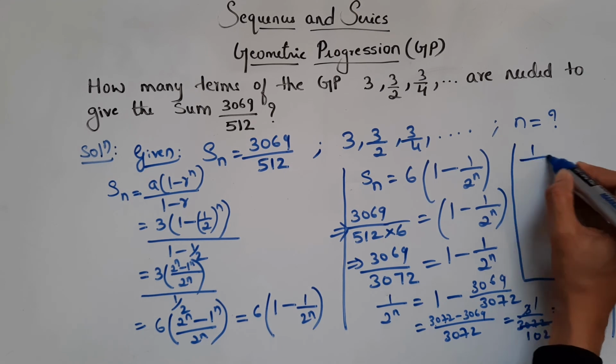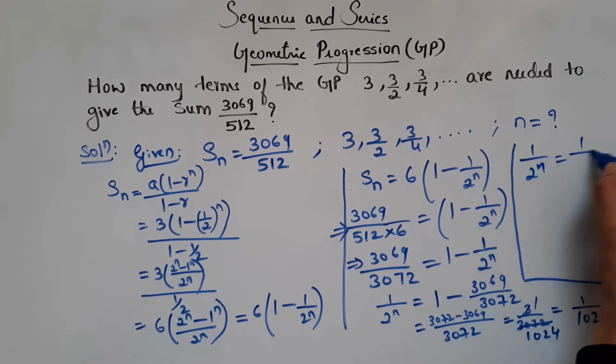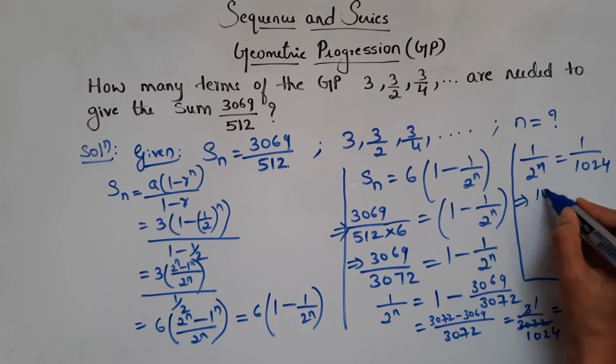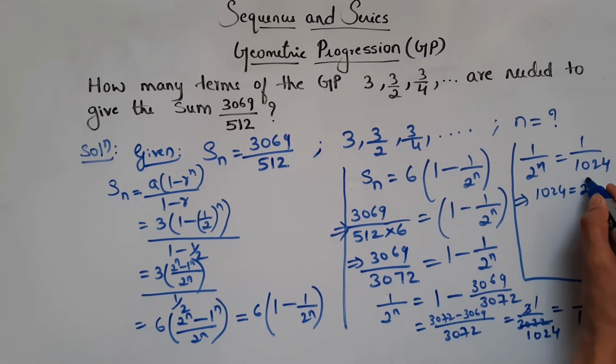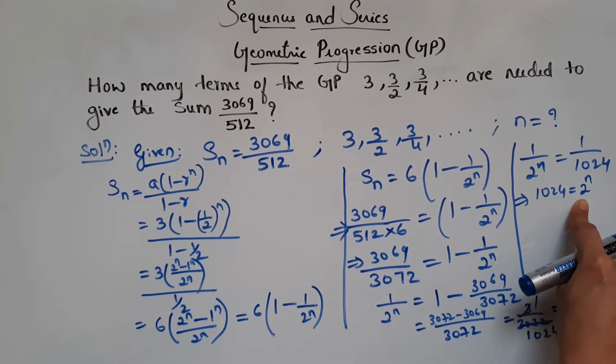So we have 1 by 2 power n on the left hand side, which is equal to 1 by 1024. This implies, let's cross multiply, 1024 with 2 power n. Now you have to write 1024 in terms of 2 power n.